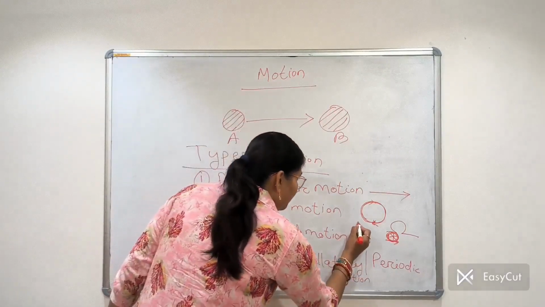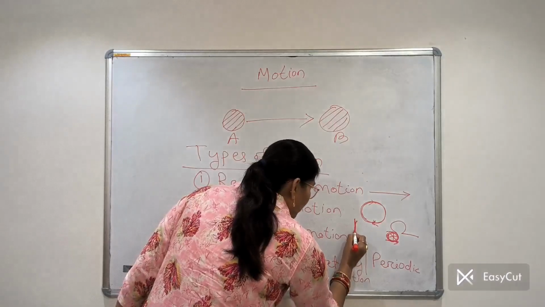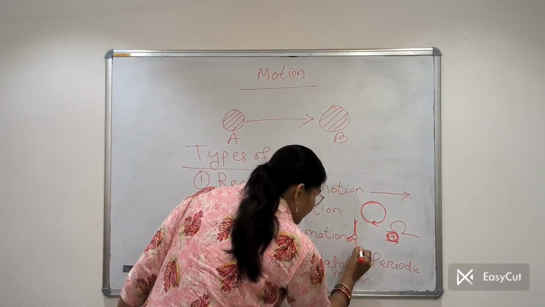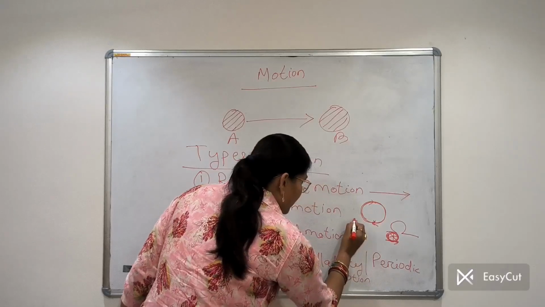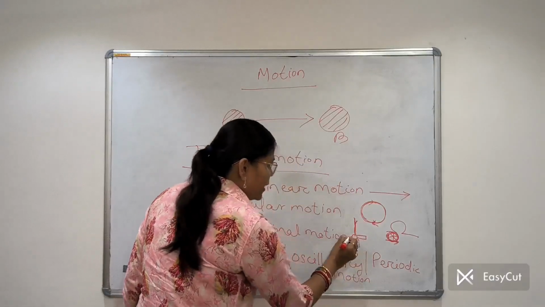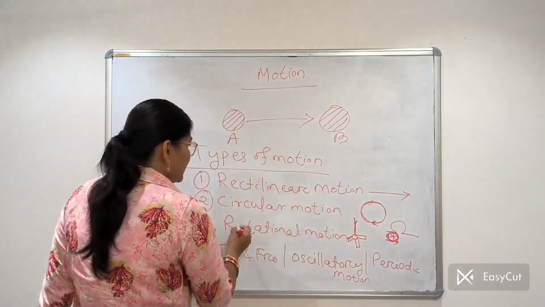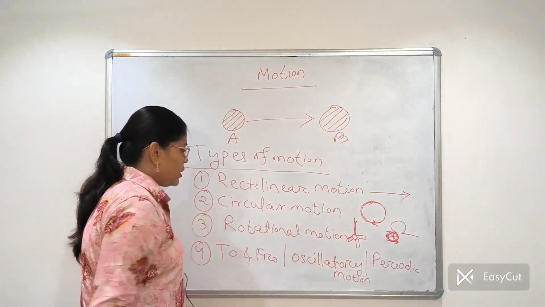For example, a fan. This is an axis about which the fan is moving or rotating. So, this is the simple example of rotational motion.